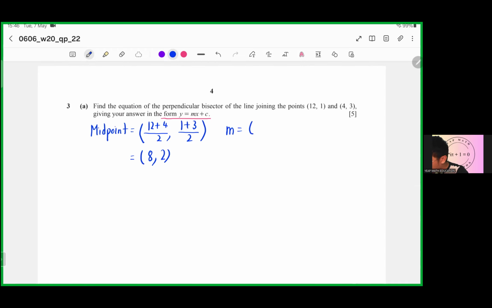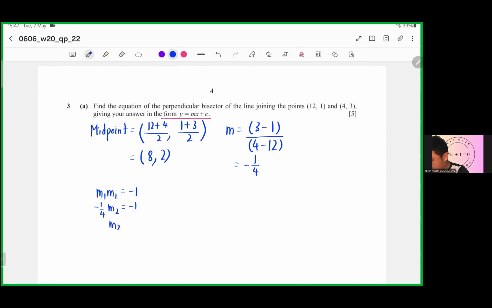Now I take 3 minus 1, and then 4 minus 12, so I will get −1/4. Because now we need to find the equation of the perpendicular line, we can use m1 × m2 = −1, so −1/4 × m2 = −1.